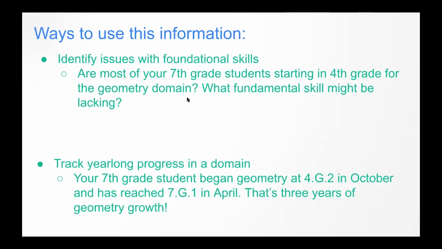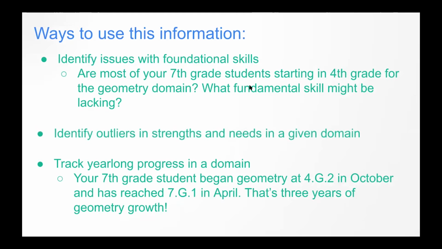Additionally, you can track year-long progress in a domain. This situation can occur when your 7th grade student, for example, began geometry at 4G2 in October and reached 7G1 in April. So that's 3 years of geometry growth. That's super exciting to be able to view.